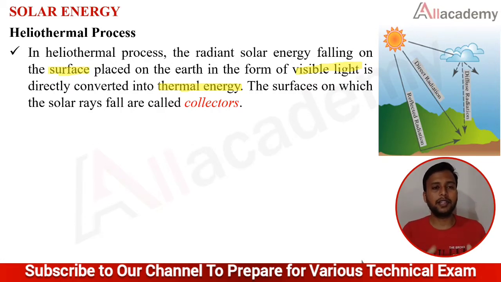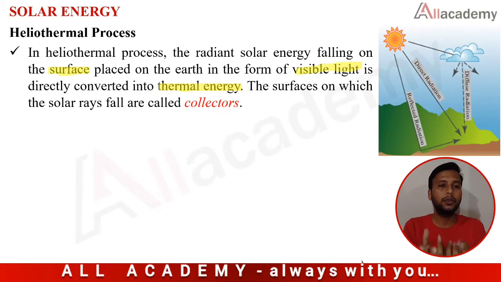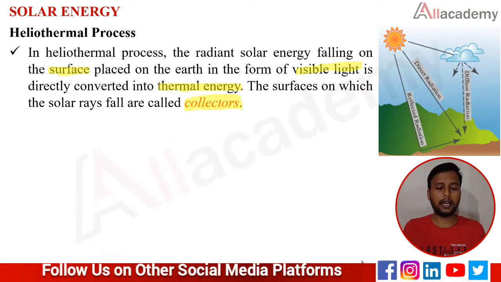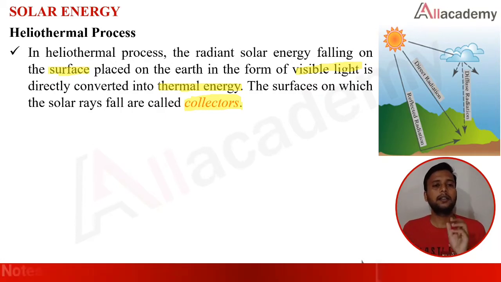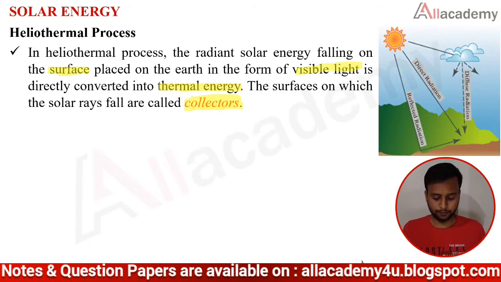And the surface which is used to absorb these sun rays or solar rays is called a collector. As the name indicates, it should collect whatever radiation falls on that surface. That's why the surface is called a collector.